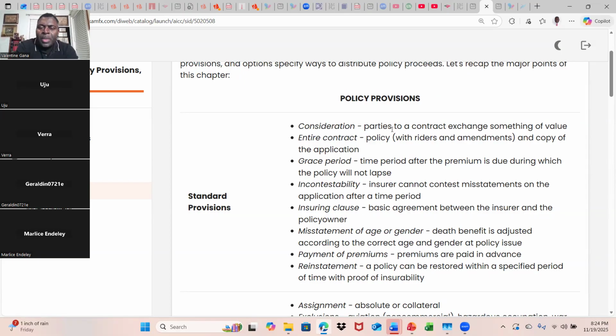Offer is when you offer to buy a product, or somebody offers to sell you a product. It's just an offer. Acceptance is when the other party that is trying to negotiate for that product accepts it.